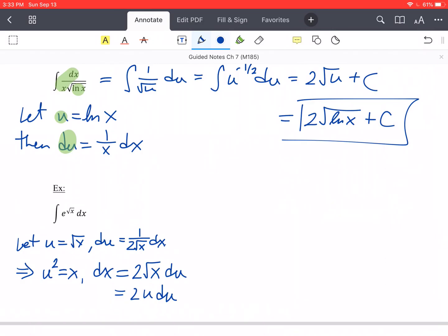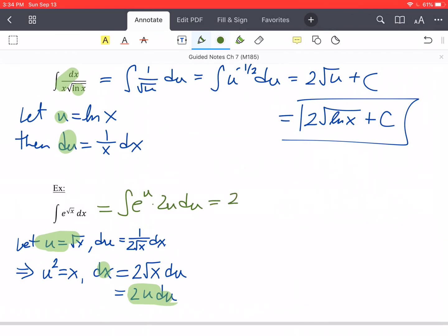So through a little creative math work here, we can use this and this to make a substitution. So this is going to be the integral of e to the u times 2u du.